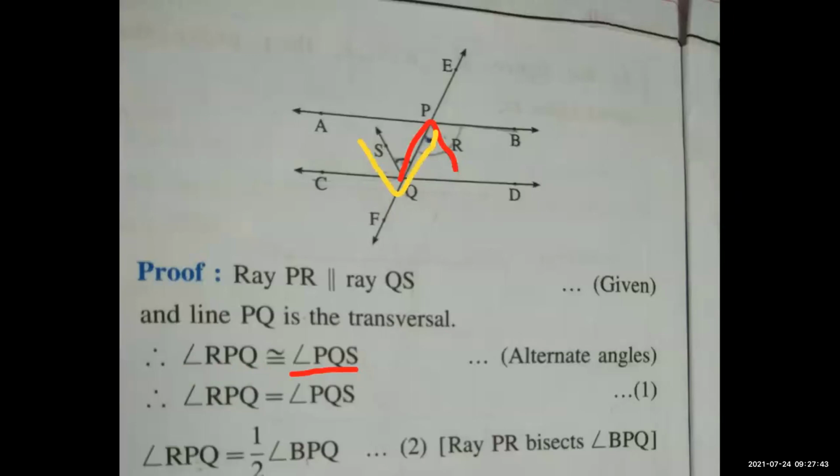Simply we can see that this is the figure like that. Angle RPQ and PQS, these two angles are the alternate angles. Here you can see the symbol Z, so those are the alternate pair of angles.